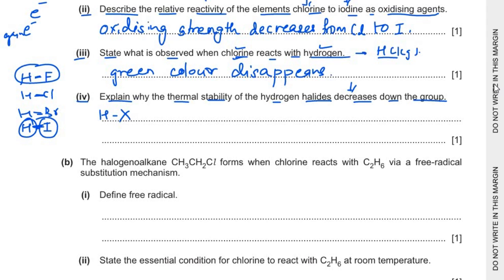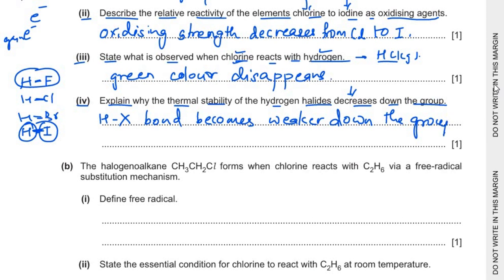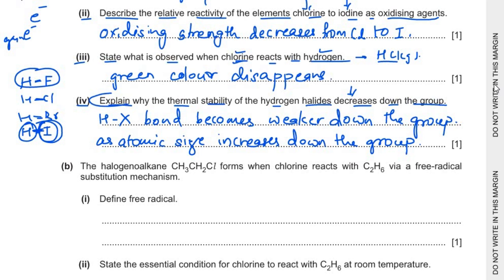So we can write that the HX bond becomes weaker down the group, and the reason is that the atomic size, or you can say the ionic size of the halide, increases. So as atomic size increases down the group, that's what we can write as the reason here, because they have said explain.